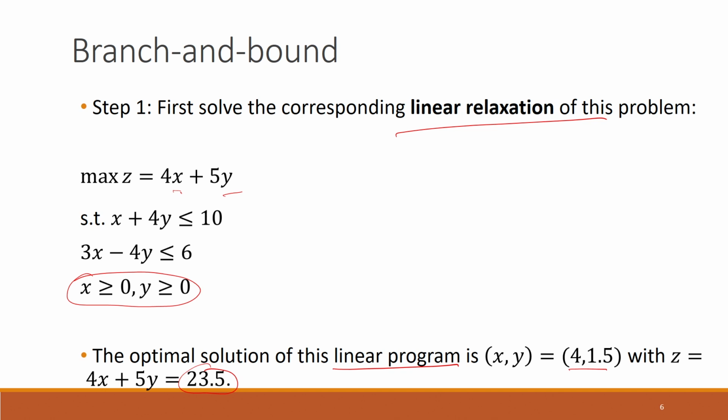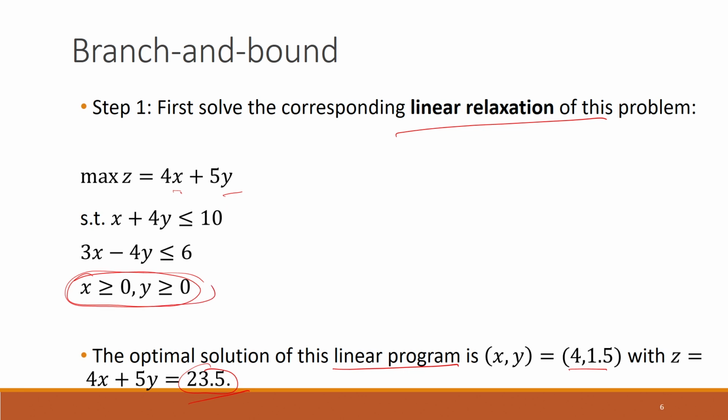Okay. Now, one more thing to notice here is that the optimal value of the original integer program that we targeted to solve cannot exceed the optimal value of this linear program. That is, the optimal value of the integer program cannot exceed 23.5 here, and the reason for that is the feasible region for this integer program is a subset of the feasible region of this linear program that is being shown here.